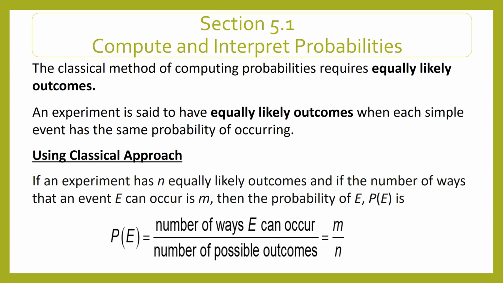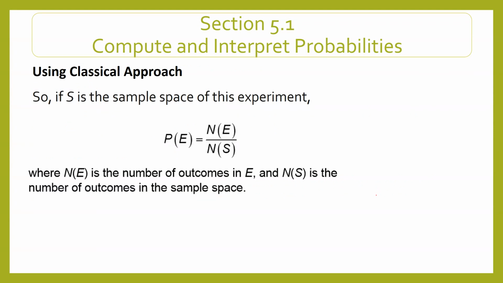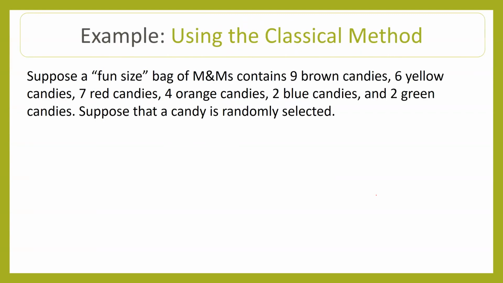So the number of ways E can occur over the number of possible outcomes. This is called the classical approach. So if S is the sample space of the experiment, then P(E) is the number of E over the number of S in short form.